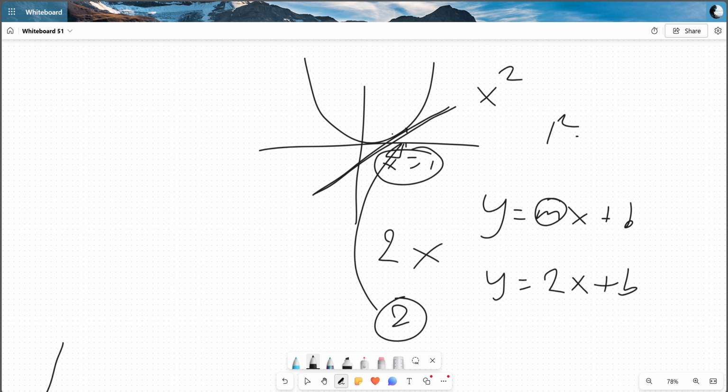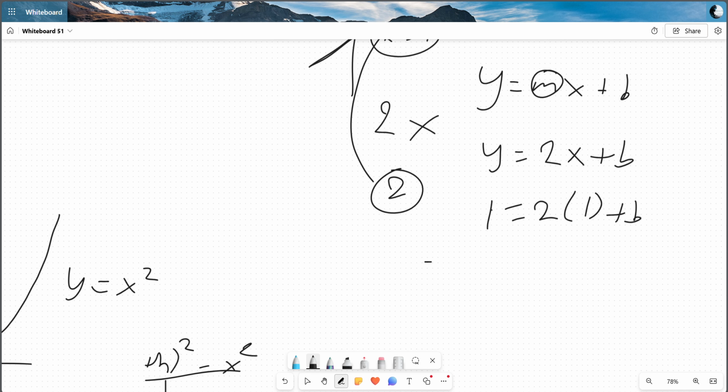And we know that 1 squared is just equal to 1. So now we know that x equals 1, and that y equals 1 as well. So we have 1 equals 2 times 1 plus b, and then 2 comes to this side, so 1 minus 2 is negative 1, that means negative 1 equals b.